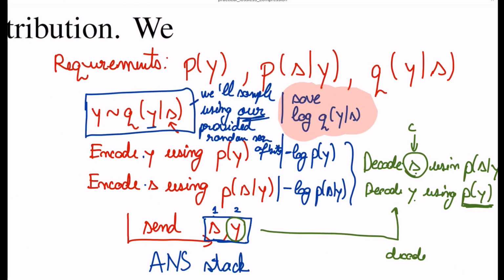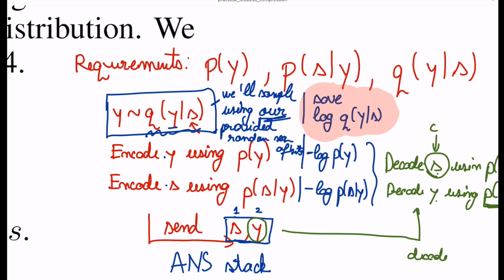So assuming now that we provide that random sequence of bits, we can sample from it.